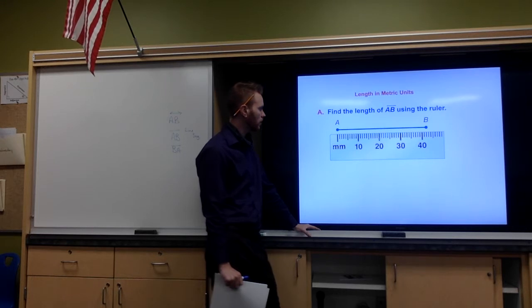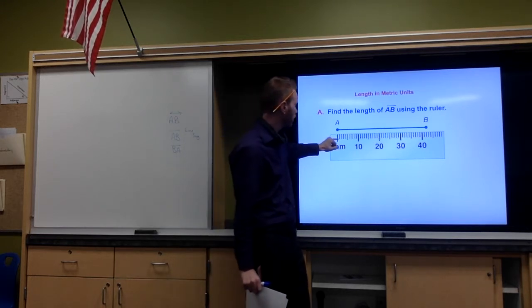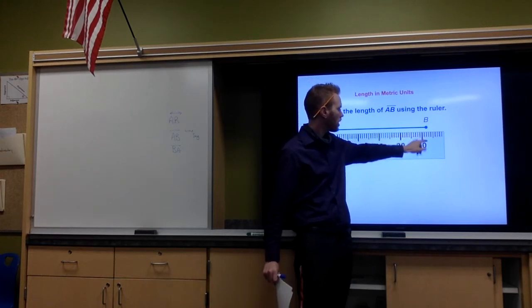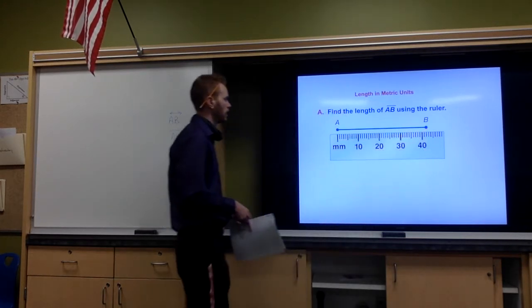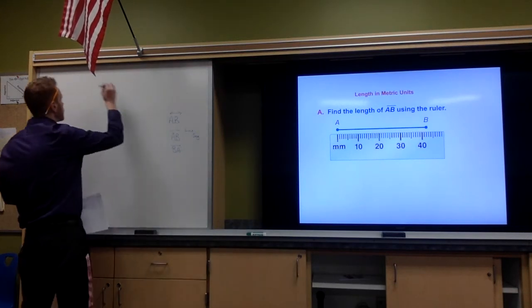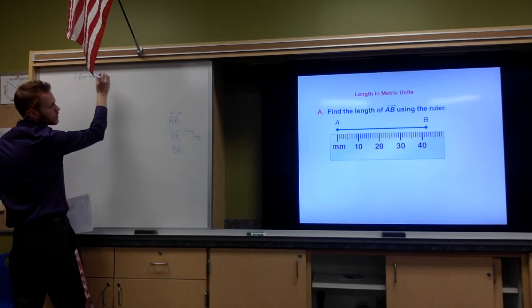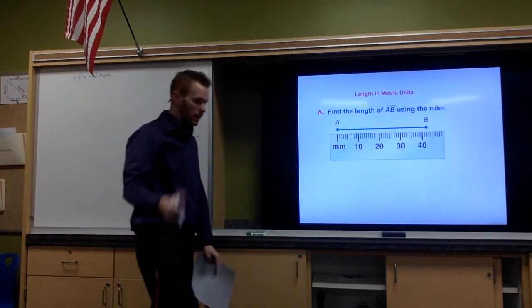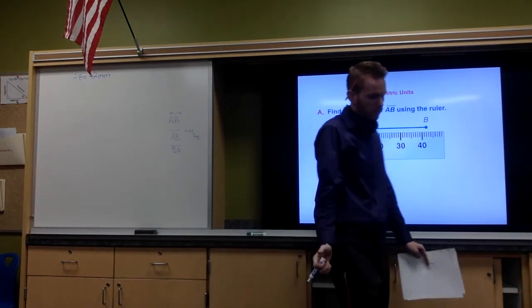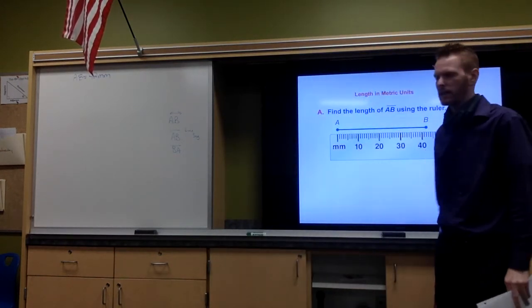Well, take a look. Here's 0. We're starting out here. So coming all the way across, that's 40, 41, I would say 42. So the length of AB is 42, and this is in millimeters. Now you're probably noticing, which maybe you did, maybe you didn't, I didn't put the bar above it when I did that.